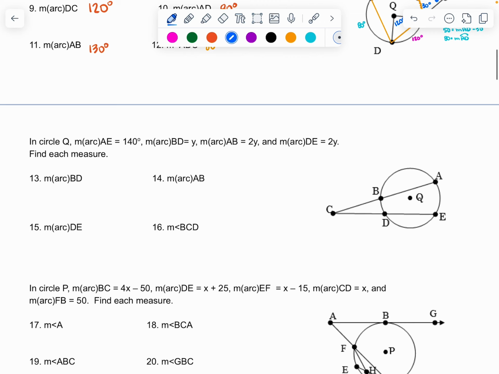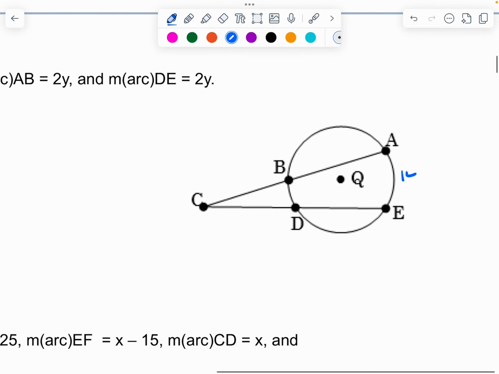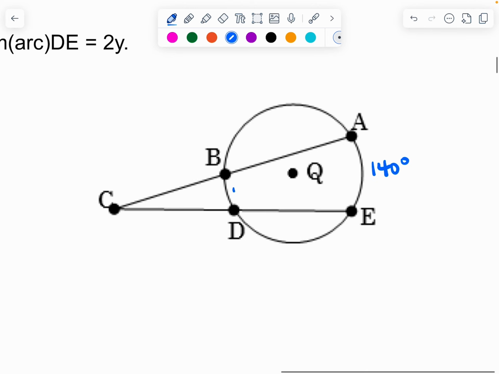All right, lots going on. I'm going to label a lot of stuff here. Arc AE is 140. Okay, that doesn't look like 140, but alrighty, I'm going to just, again, trust the picture. It doesn't have to be drawn to scale. Sorry, turning the page, my paper copy. And then let's see, arc BD is y.